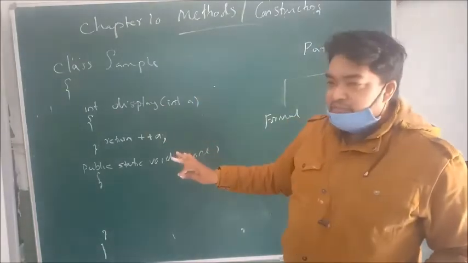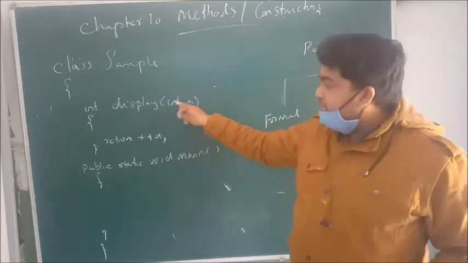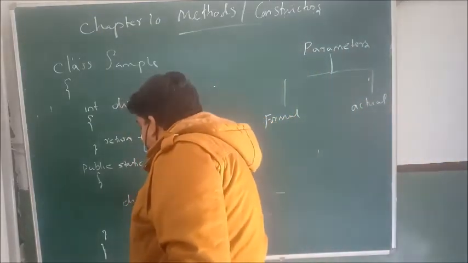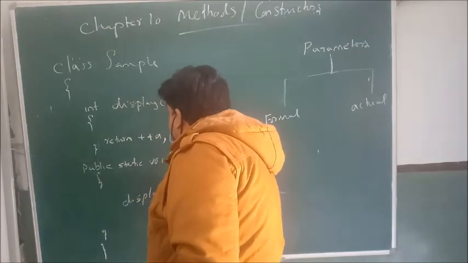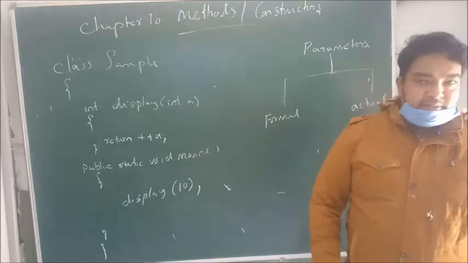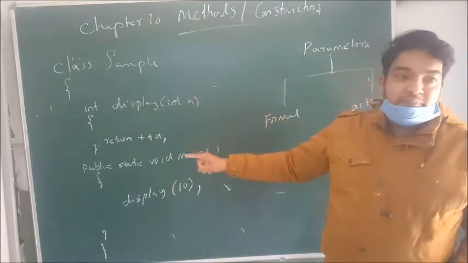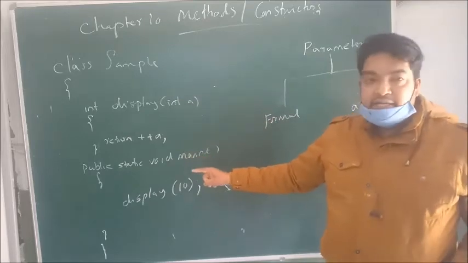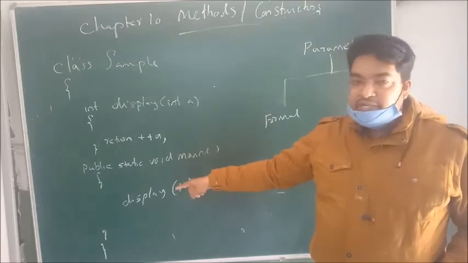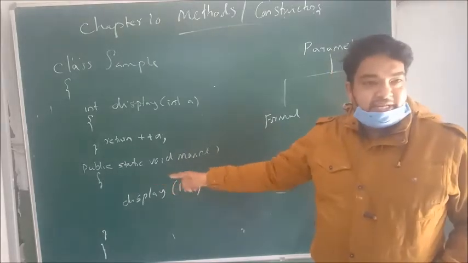Suppose you are going to type this program. We have class sample, int display, then int a. Say you call this method as display of 10. Then when you compile, you can see that it will give you a warning saying that non-static members cannot be accessed inside the static method.